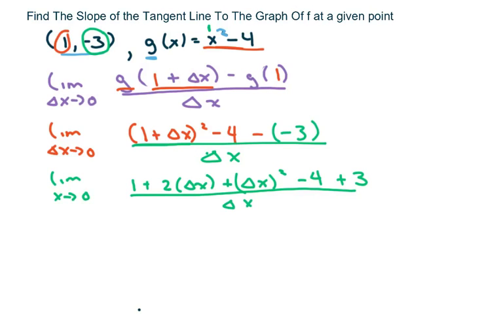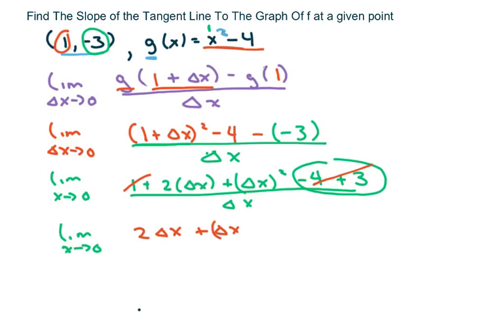And clean that up. This equals -1. So these two cancel. And we're just left with 2 delta x plus delta x squared. And what I want to do is put the delta x under each piece.